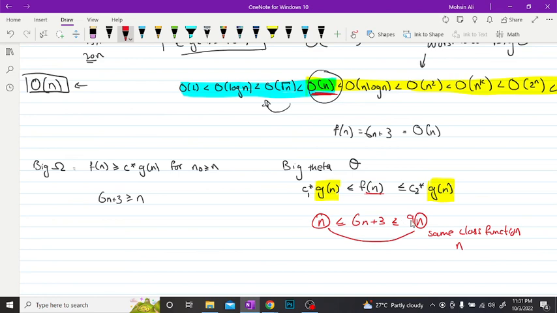So that is big theta, and that acts as the average. And you can see that if you take the average of the big O notation and the average of the lower bound, you should get theta of n.